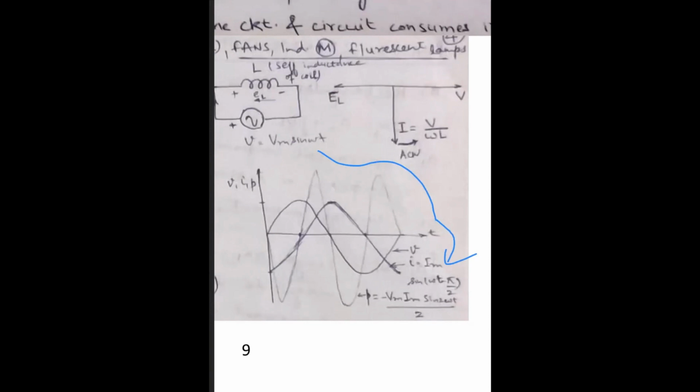Since sin of minus theta is minus sin theta, the instantaneous current can be written as minus Im sin(pi by 2 minus omega t). Since sin(90 minus theta) is cos theta, it becomes minus Im cos omega t.